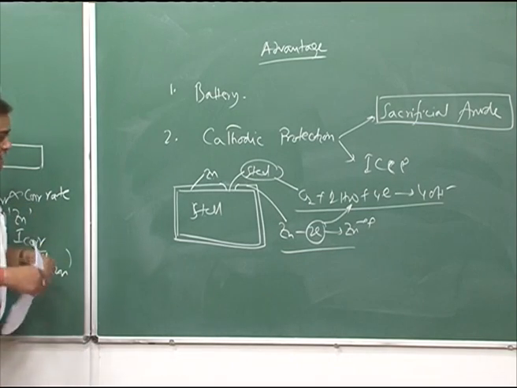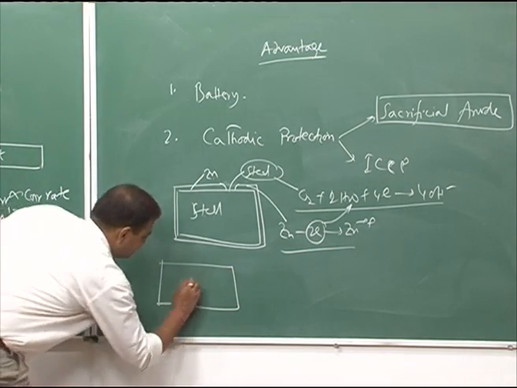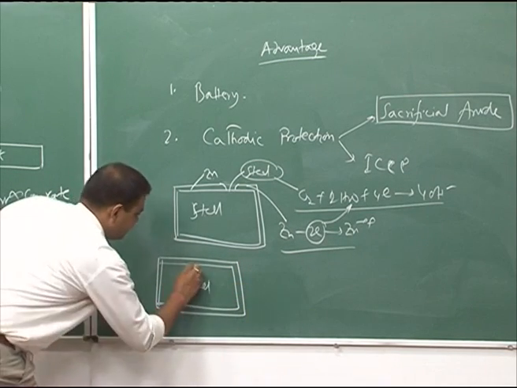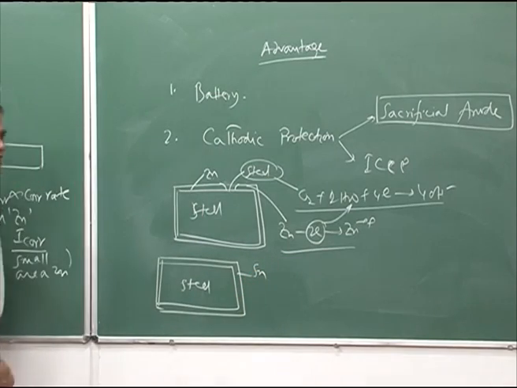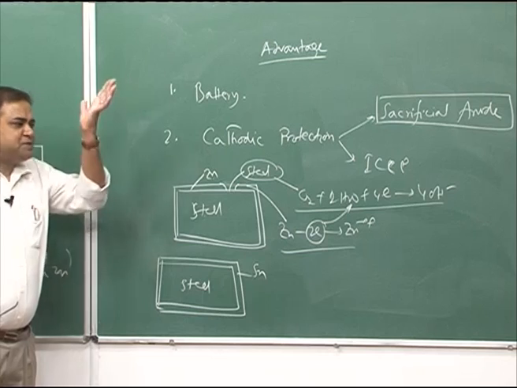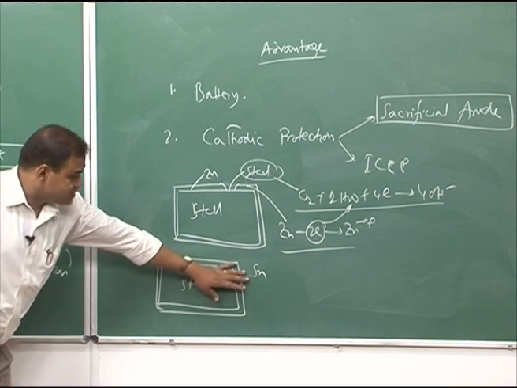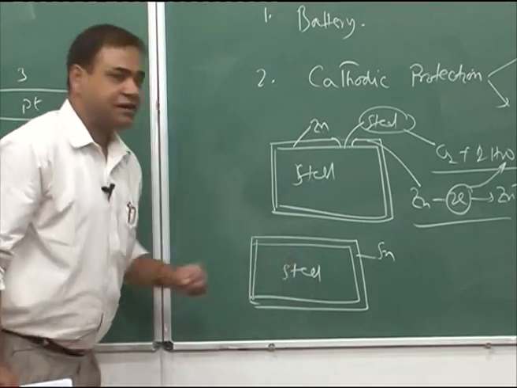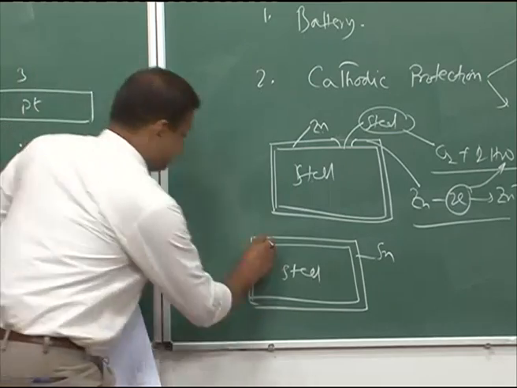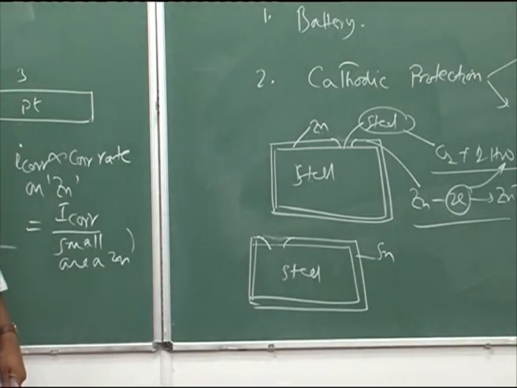Now, let us say we use a tin coating on steel, and in the atmosphere tin stays above steel in the galvanic series. If there is no damage on the tin surface, this will function well, but if there is any damage, the situation is very different.